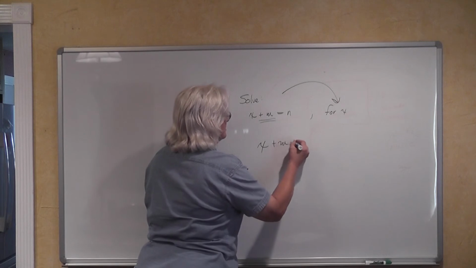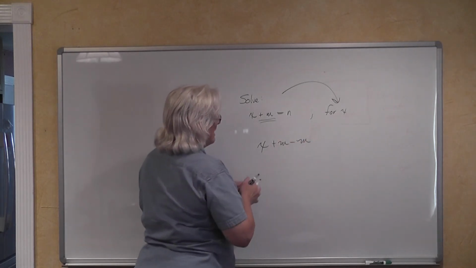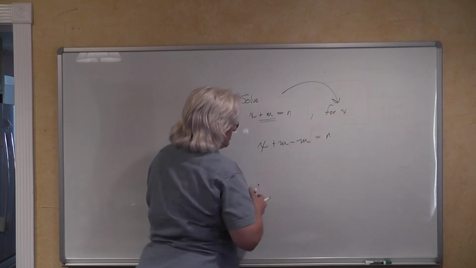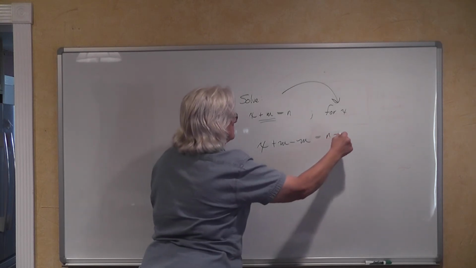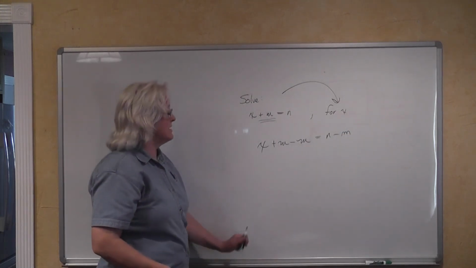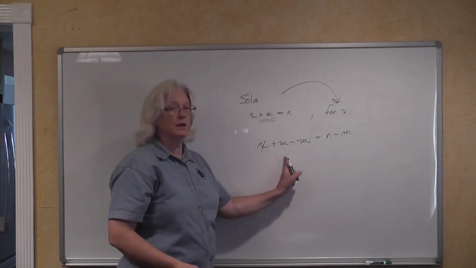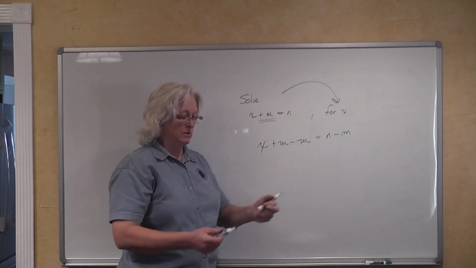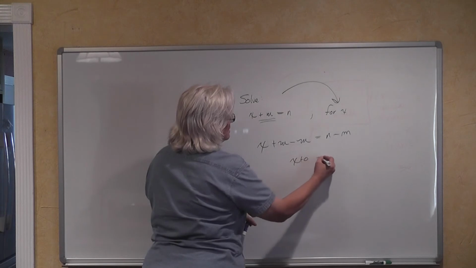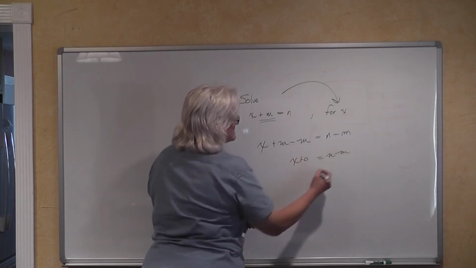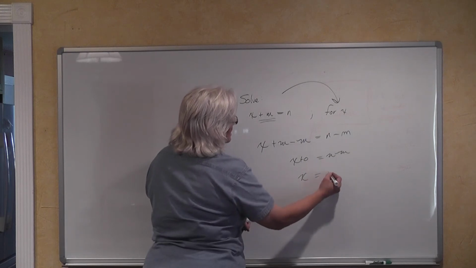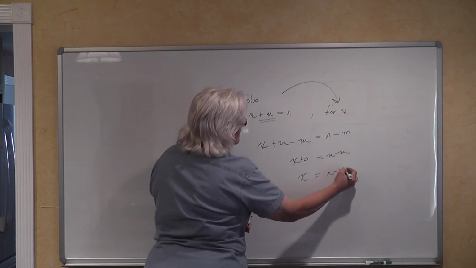So we are going to subtract m from both sides of the equation. And we have n minus m. So now we have x plus m minus m, x plus 0, is equal to n minus m. x is equal to n minus m.